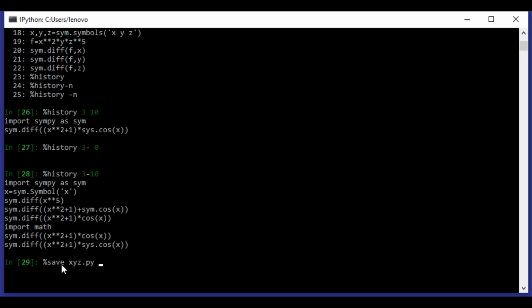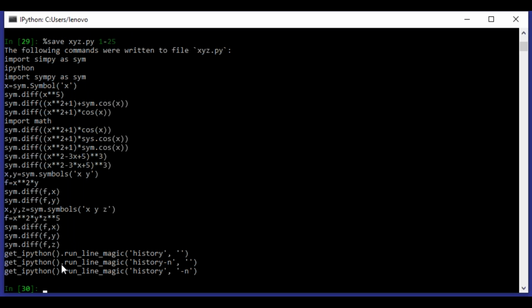If I need from 1 to 25, 1 hyphen 25, it will be saved as a file. It is %save, then a file name dot py. Now I am taking only 1 to 10.